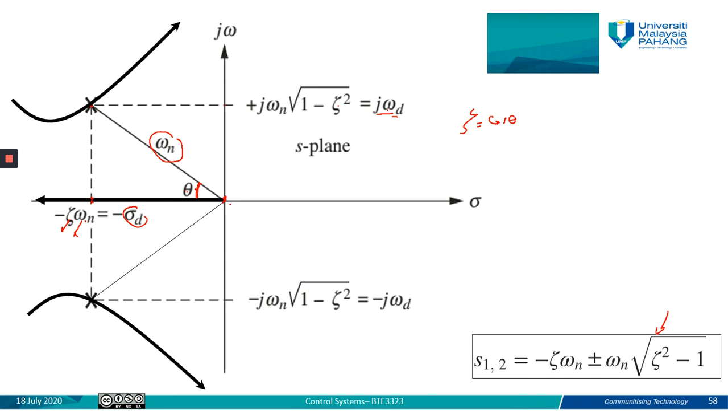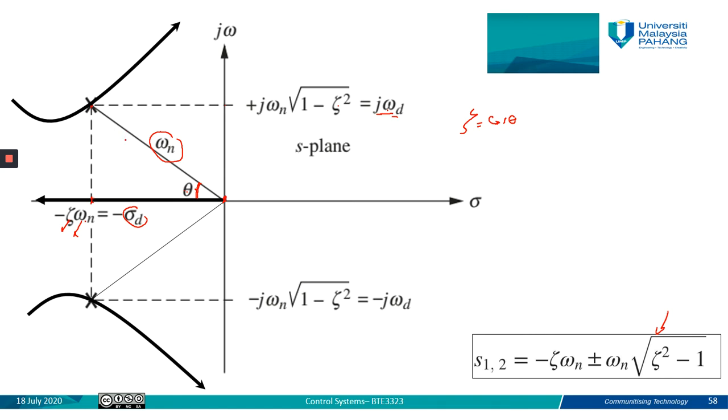But in order to find the correct values, we need to draw the root locus exactly according to the values that we calculate. So you need to highlight the position of poles, the position of zeros, the angle of departure, angle of arrival, I mean breakaway and break-in points, and so on.